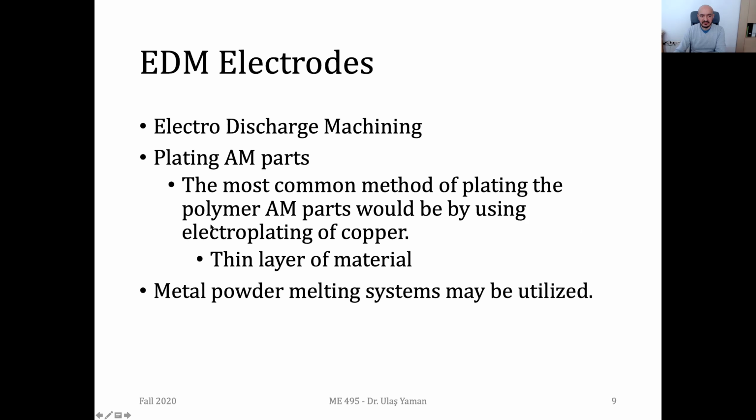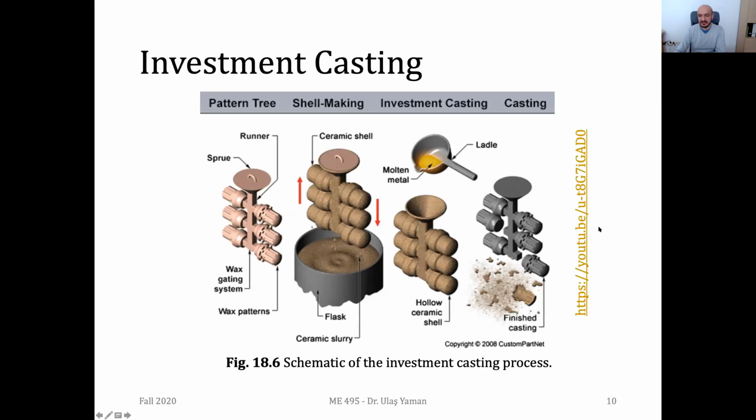And also, instead of polymer technologies, you can even use some metal powder systems. Then we may also use additive manufacturing technologies for investment casting. In investment casting, if you remember, you need to produce such patterns made of wax material. And it is easily fabricated with SLA kind of technologies. So once you obtain these patterns, then you can put them into a ceramic slurry.